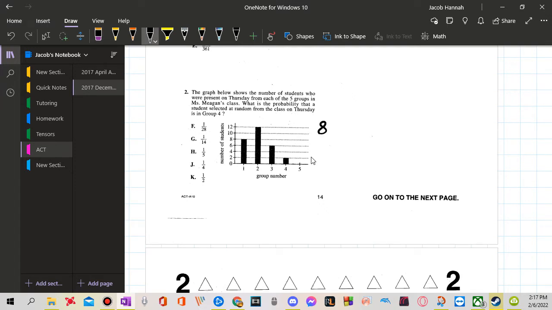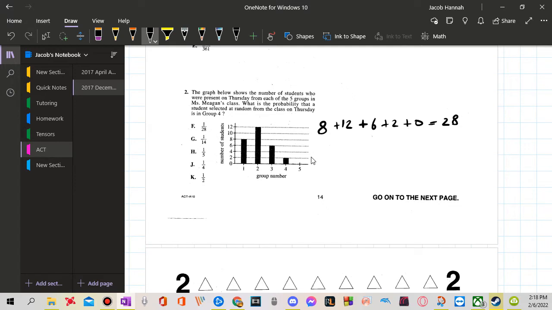So 8, plus 12, plus 6, plus 2, and plus, there's no one for 5, so let's just put 0. Alright, so that's 8 plus 12, 20, plus 6, 26, plus 2, 28, plus 0, still 28.